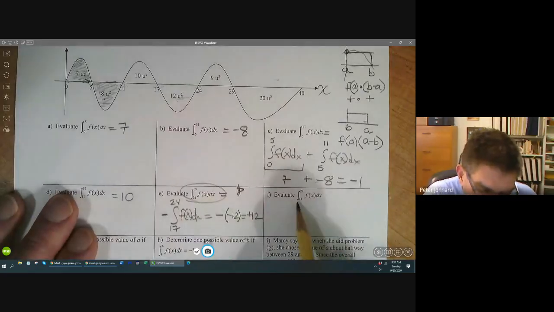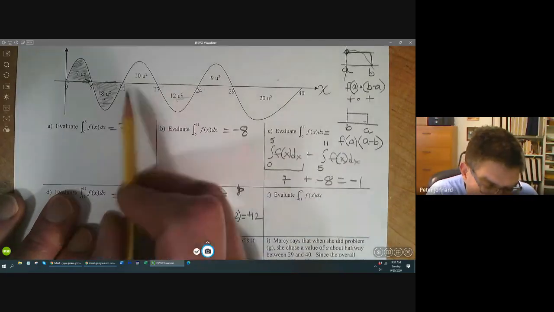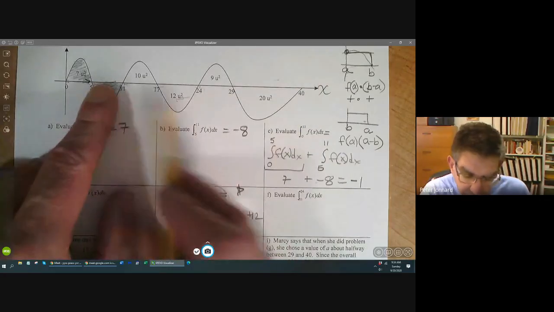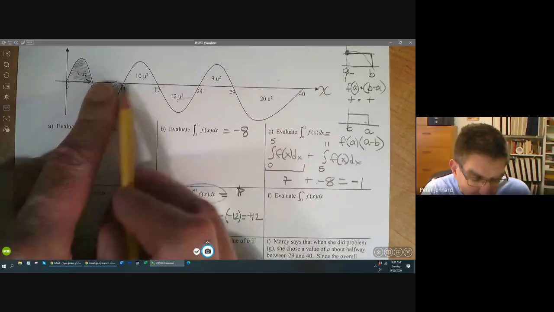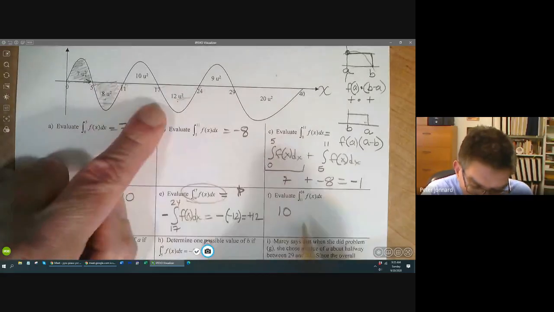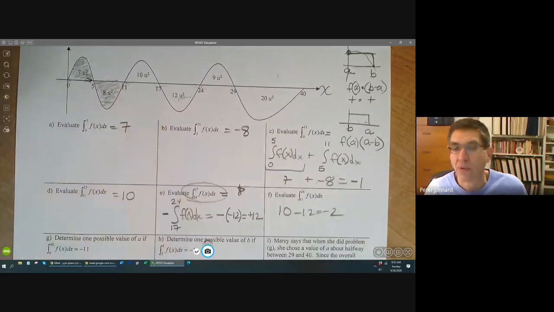Okay, evaluate from 11 to 24, f of x dx. So if I go from 11 to 24, what most students do is they just go, well, you're going up. X is going up. It's increasing. So I'm going from 11 to 24. So this would be 10 and then minus 12 or negative 2, like so, okay?